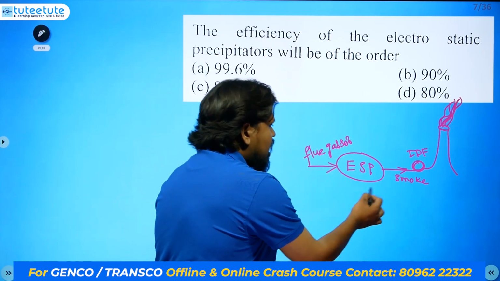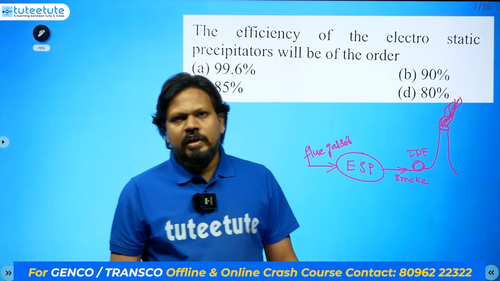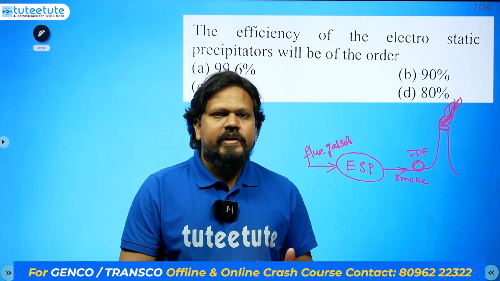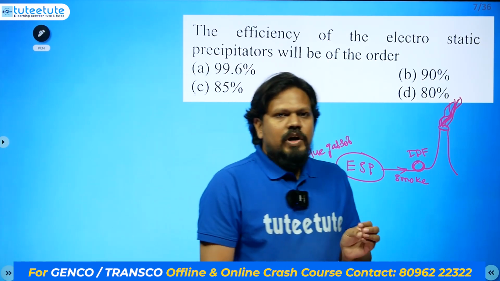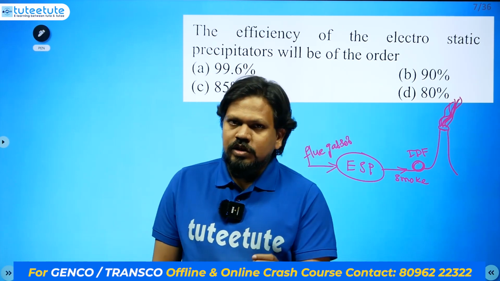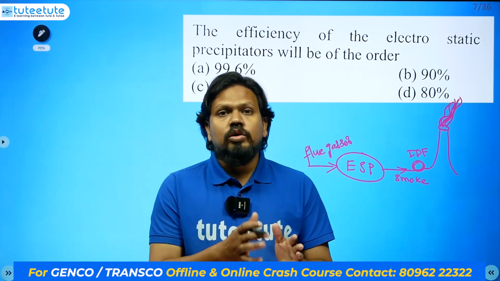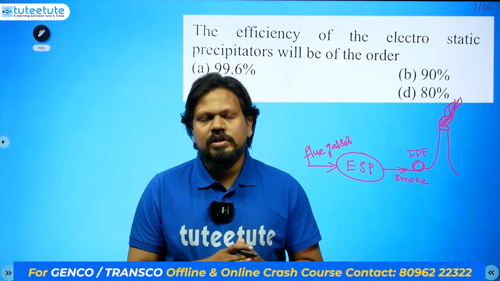If this is not working properly, all these flue gases will enter the atmosphere, and the people living near the thermal power plant will be affected. Generally, thermal power plants are constructed near cities or near load centers, wherever higher loads are required.